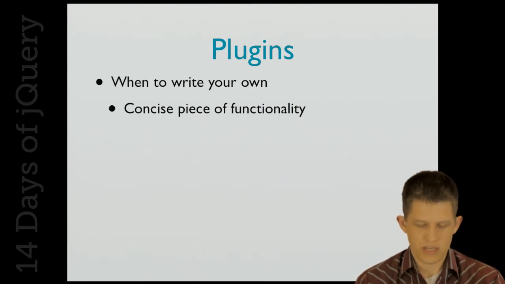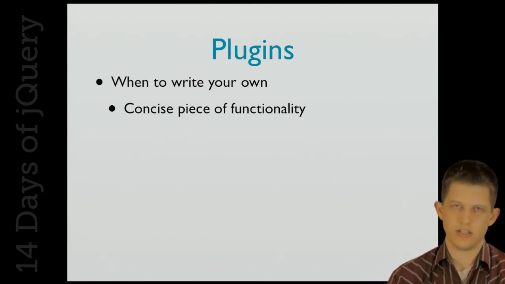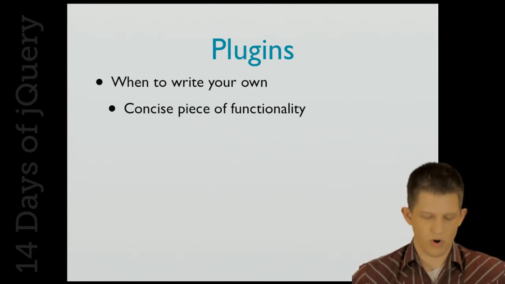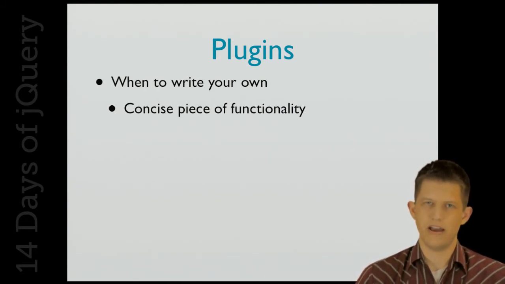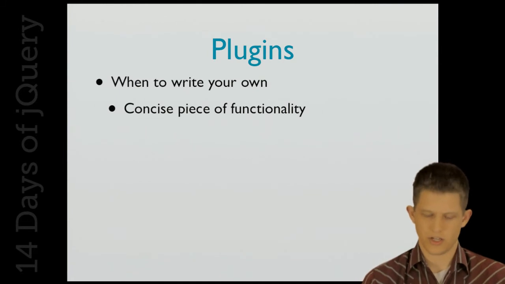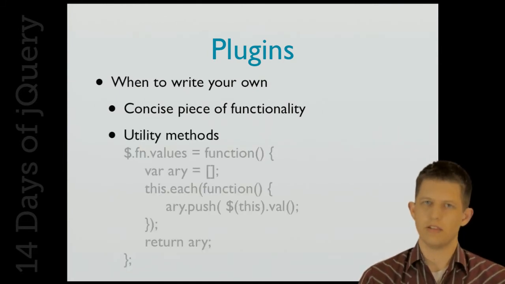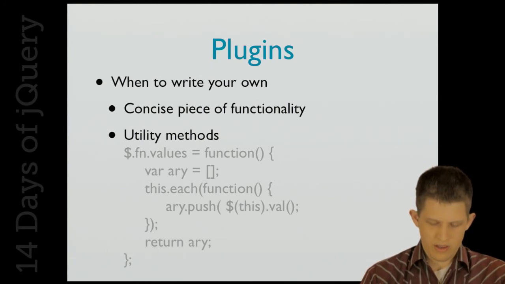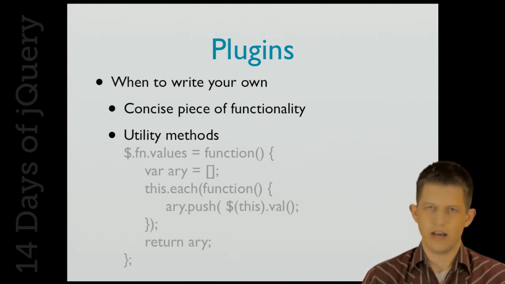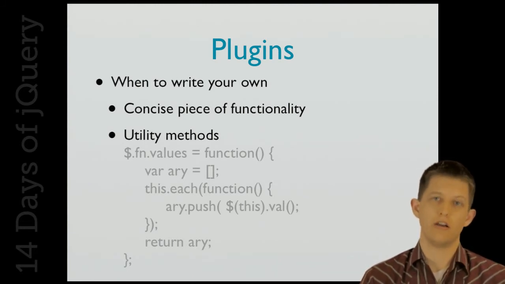An example would be a utility method here, and this is just an example. This could be reduced more, but the use of .values, which will return the values for all of those elements in the collection here. This is the type of utility method that would be great to implement for your developers. UI functionality is another area where you have a widget that's common across your entire enterprise.